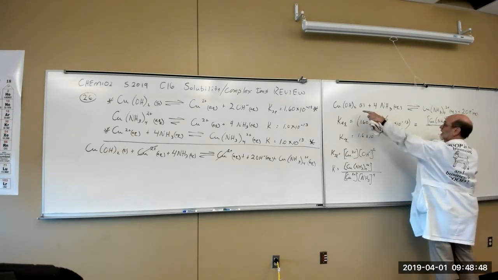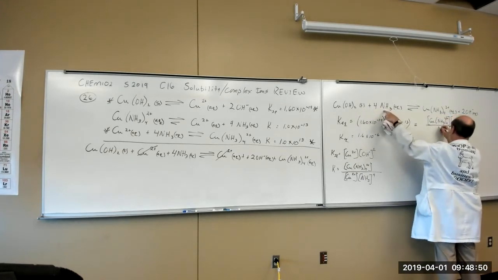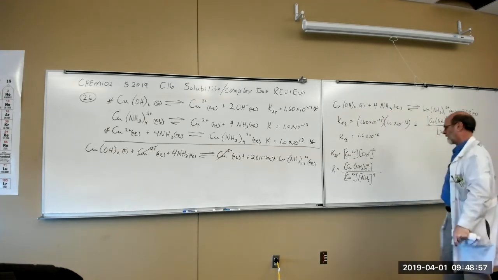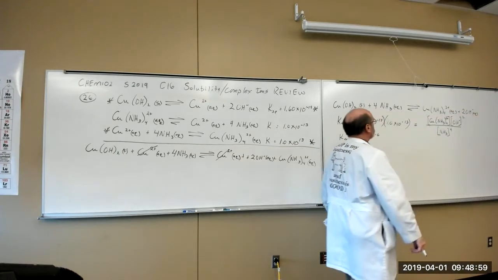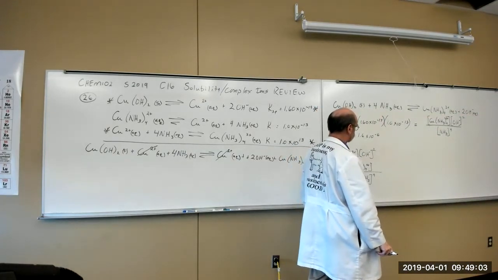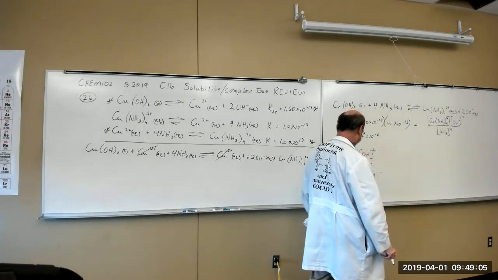And this one, that one doesn't count. So this one's on the bottom. Why did you say that one doesn't count? Oh, because it's solid. Because it's solid. Sorry. Yes.